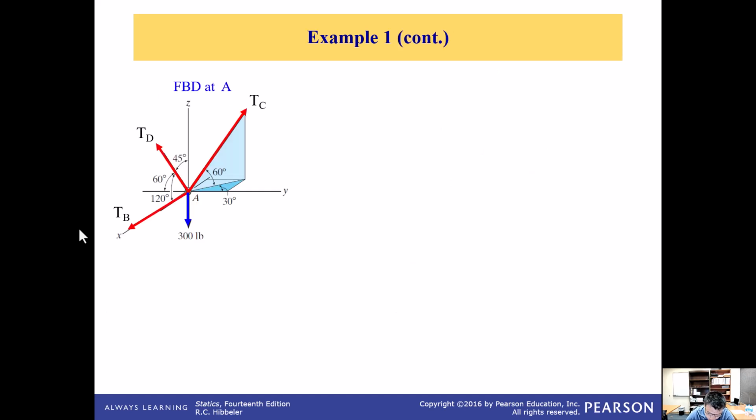free body diagram. So let's take a look at tension TB. TB's direction is exactly the positive direction of x.